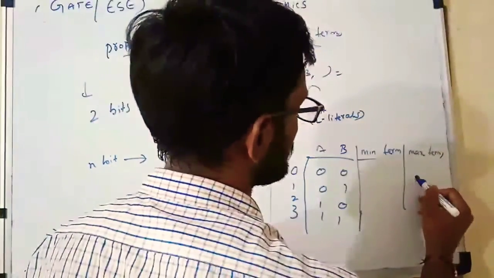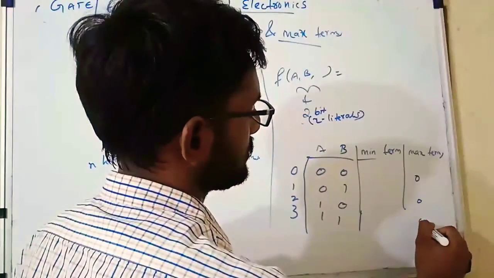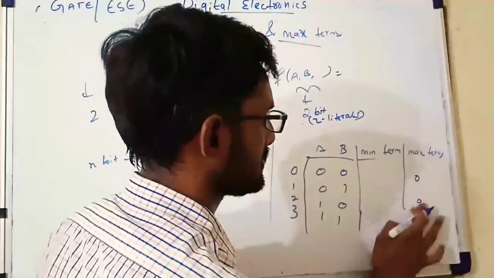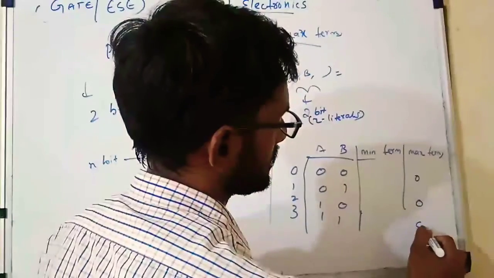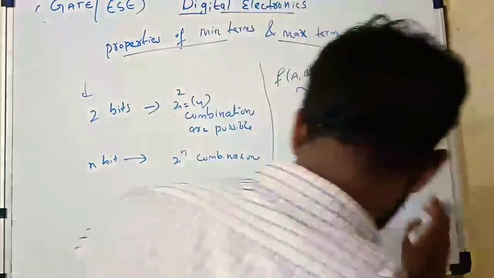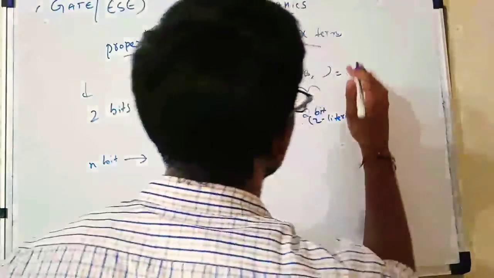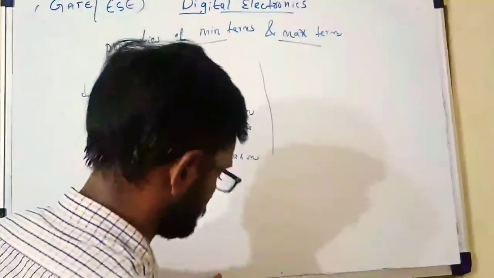Similarly, maxterms are represented by 0 bits. There may be maximum 4 maxterms. There may be 1 maxterm, 2 or 3 or 4. So maximum there are 4 maxterms or 4 minterms. I am generalizing this.